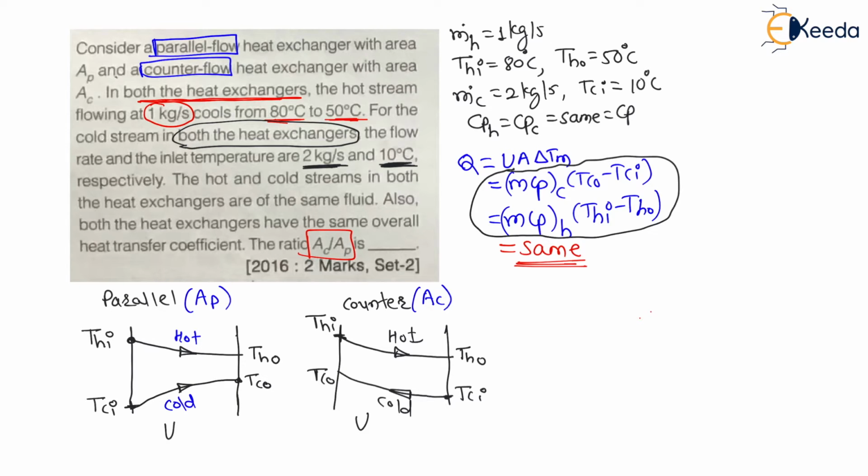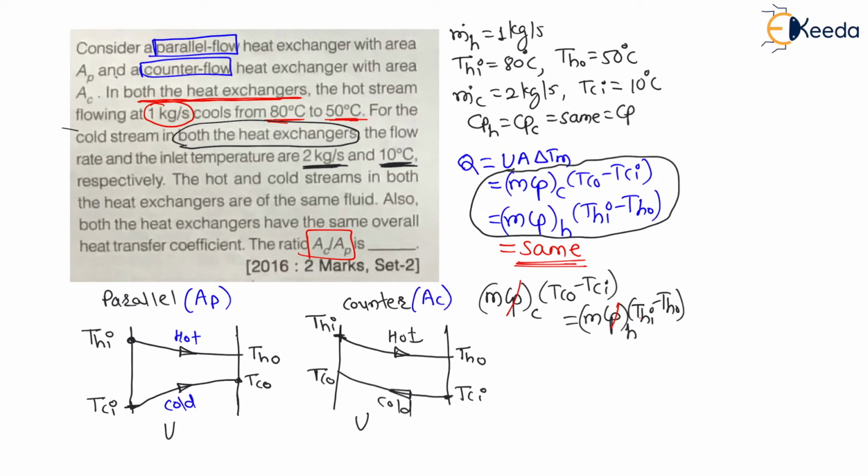So my dear students, can I say here m Cp of cold into TCO minus TCI is equal to m Cp of hot into THI minus THO. So let us put the values. Here Cp for both cold and hot is the same, therefore it will get cancelled.